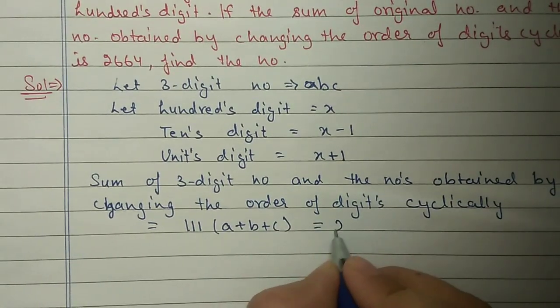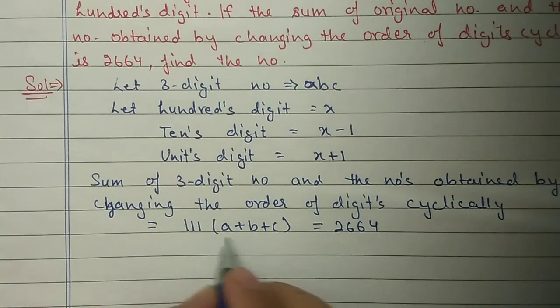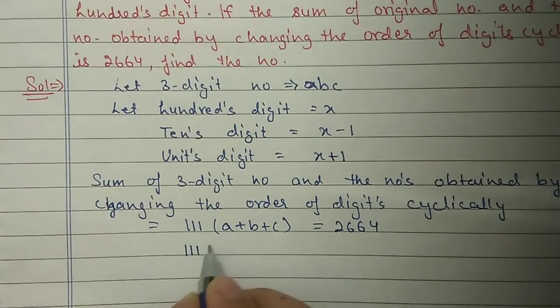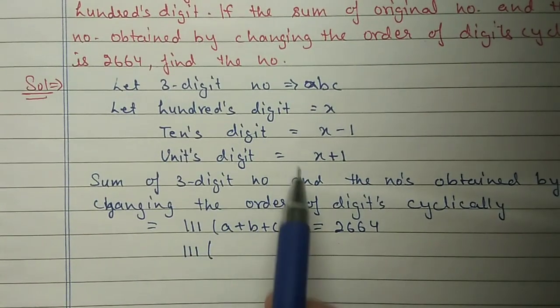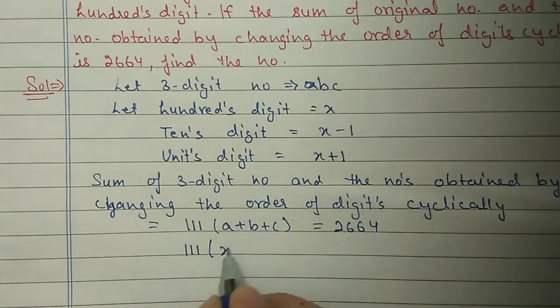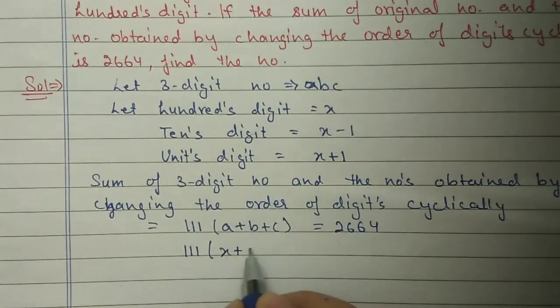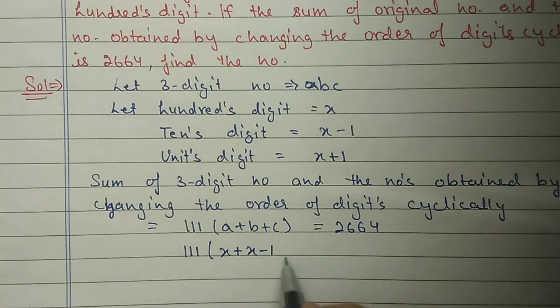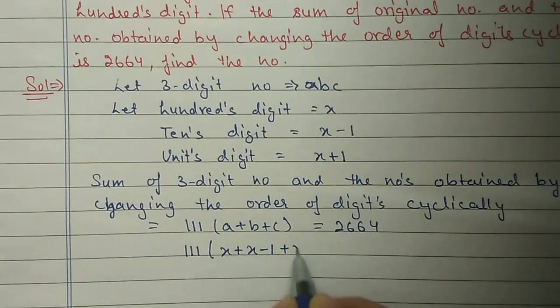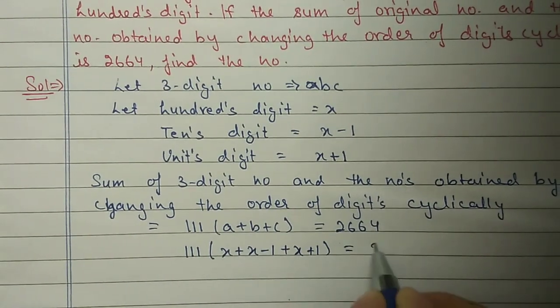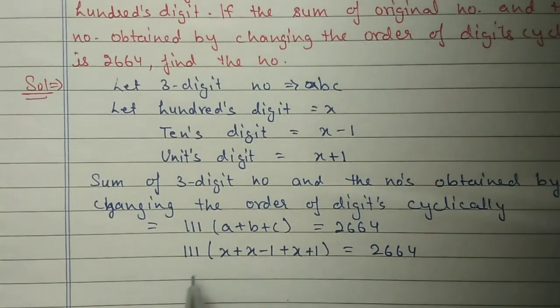So we can equate it with 2664. Now we can substitute these values: 111 times (A, meaning at the 100's place x, B, meaning at the 10's place x minus 1, and C, unit place, meaning x plus 1), which is equal to 2664.